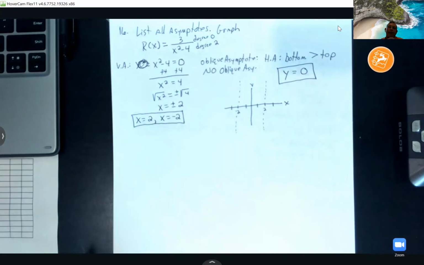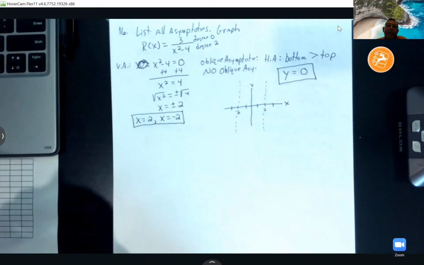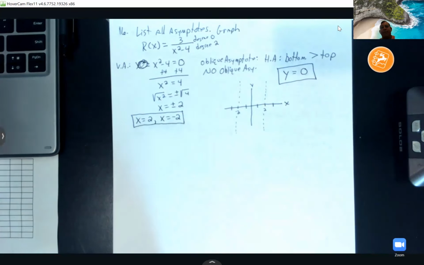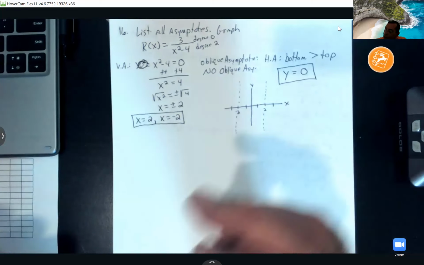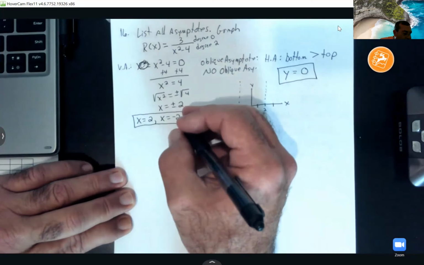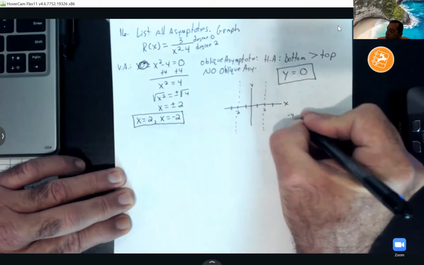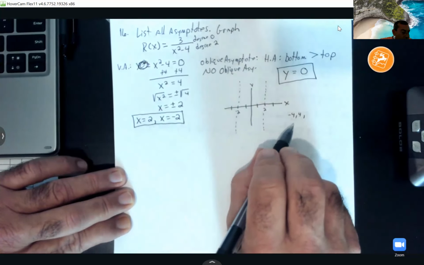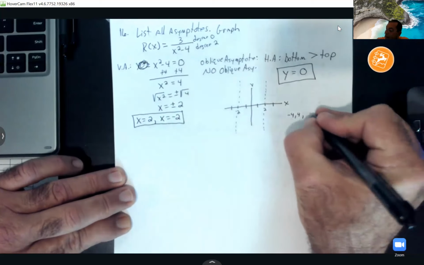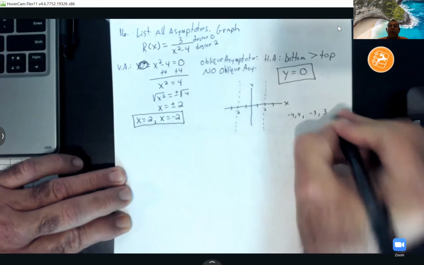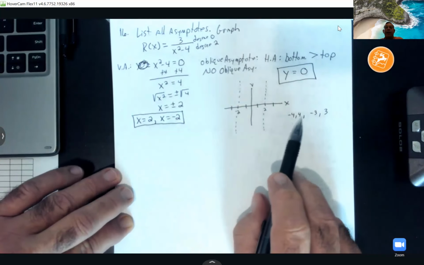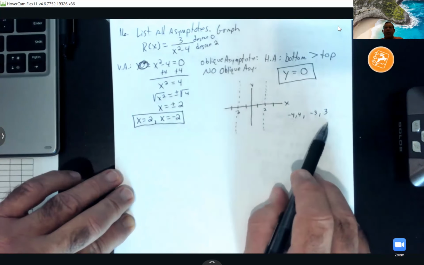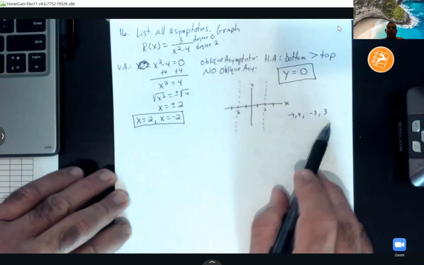Now, let's graph this, and then we'll look at our pictures. Now, let me say on this one, their windows are going from negative 4 to 4 on the x's. And the y values are going from negative 3 to a positive 3. So I'm going to set my calculator window to these x and y values, okay?